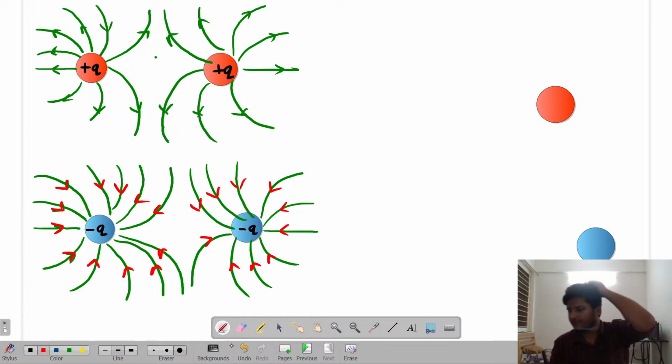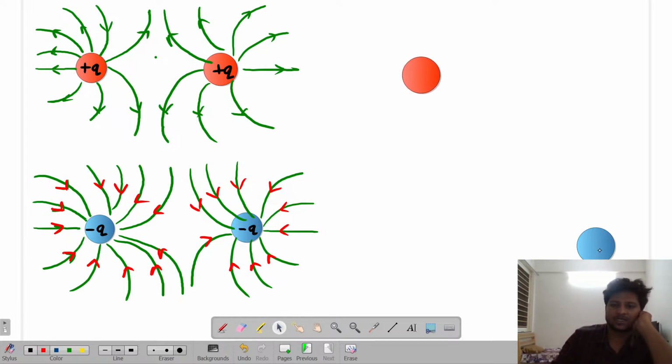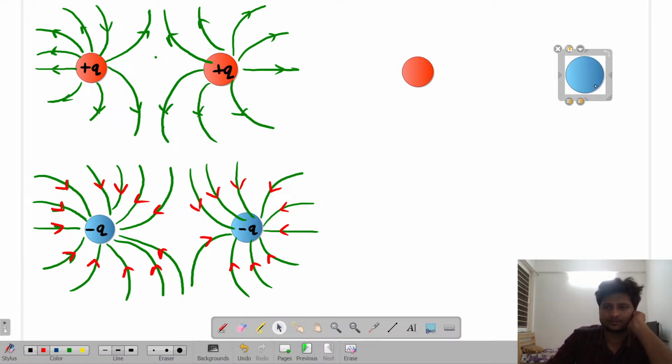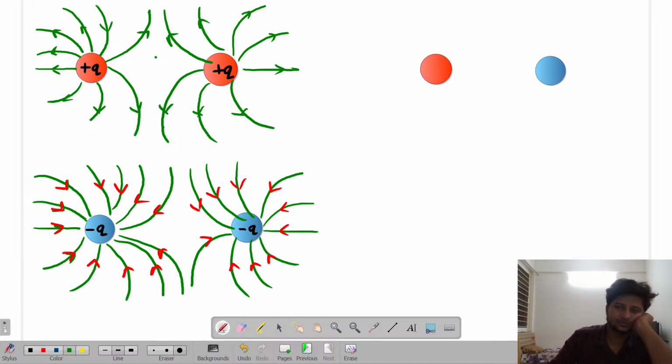But now let's suppose I have a combination of a positive charge and a negative charge. If this is plus q and this is minus q, then what will happen about the field direction? Then what will happen about the electric field lines?